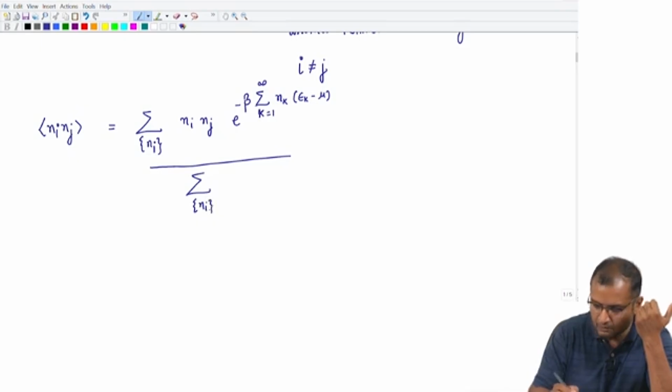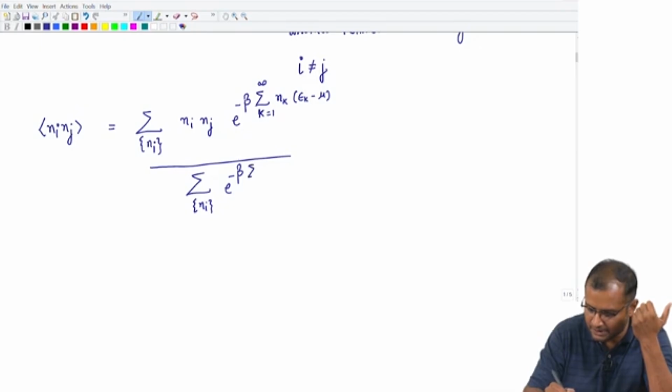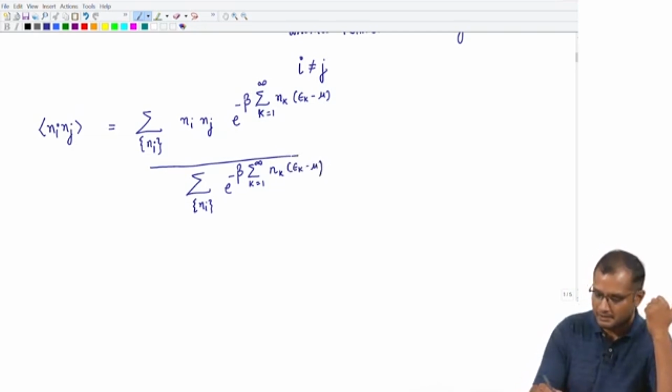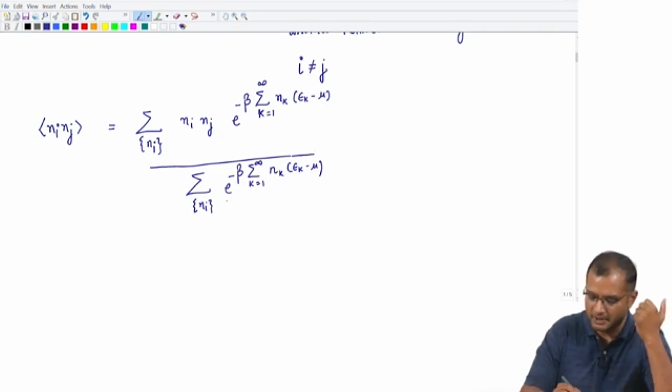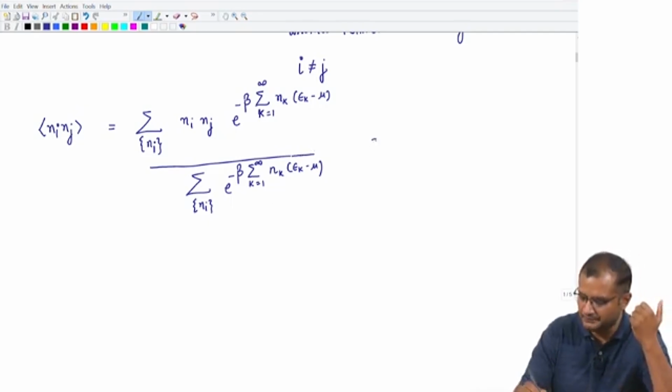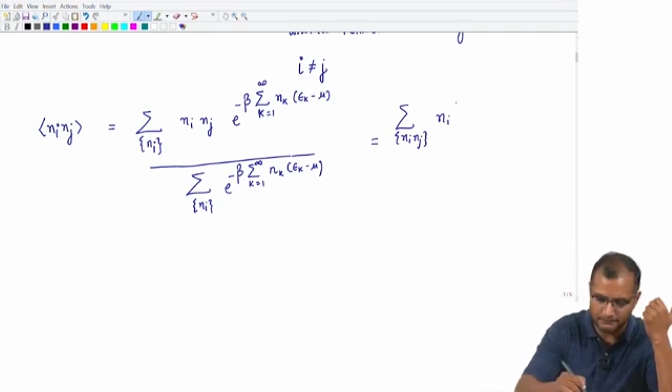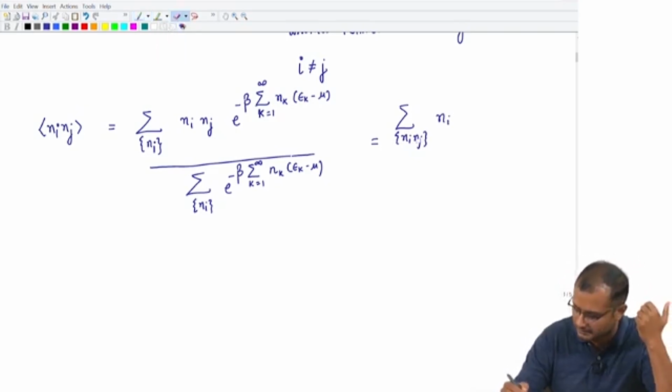So, I am going to write down once explicitly, but very soon I will be writing it with symbols. So, this is basically, okay, where this entire denominator is basically the grand canonical partition function. Okay. So, let us write this once more. And I have just made a small mistake here.